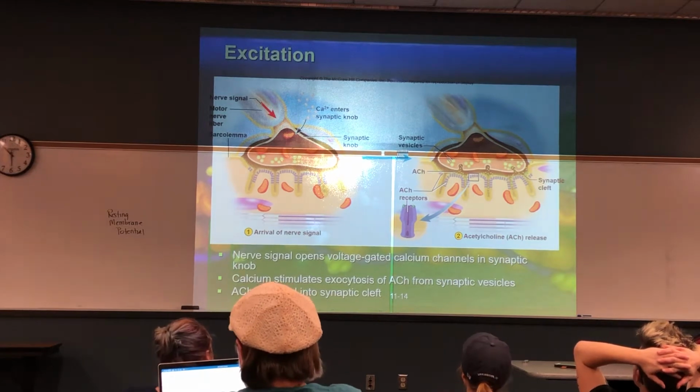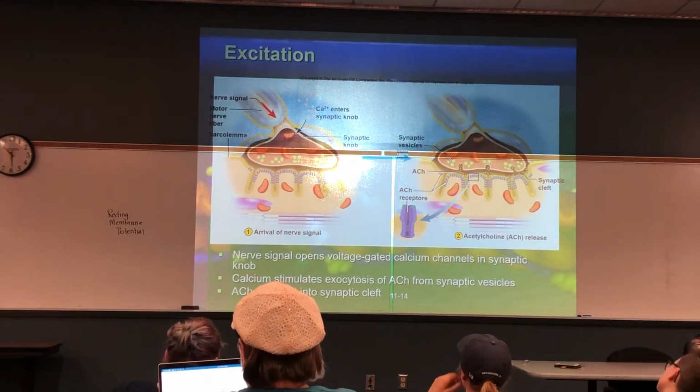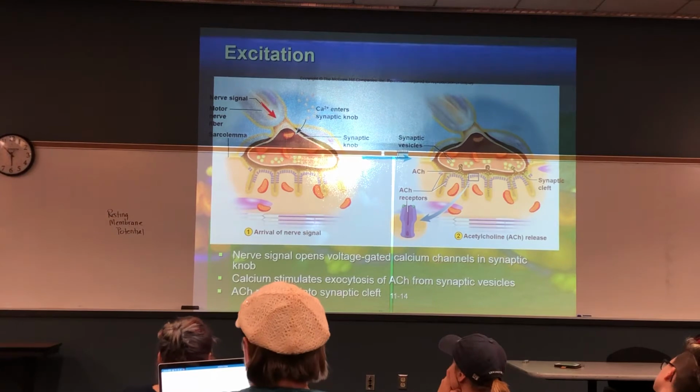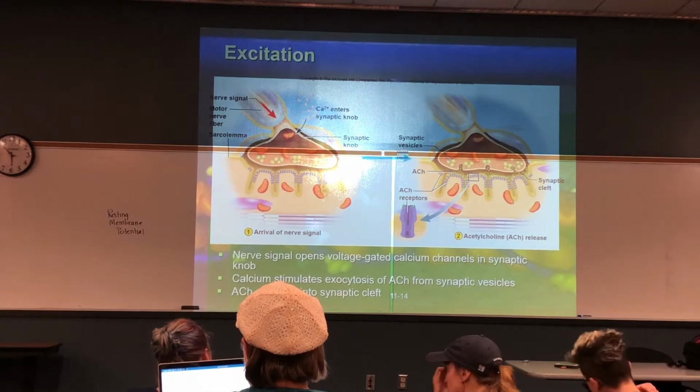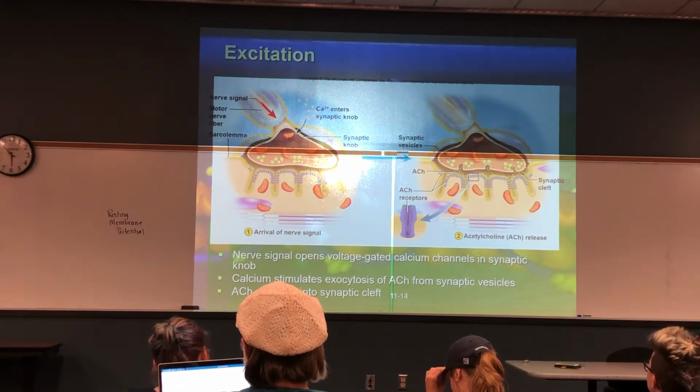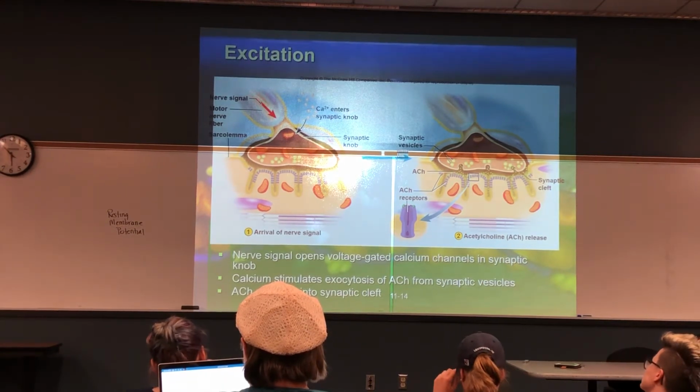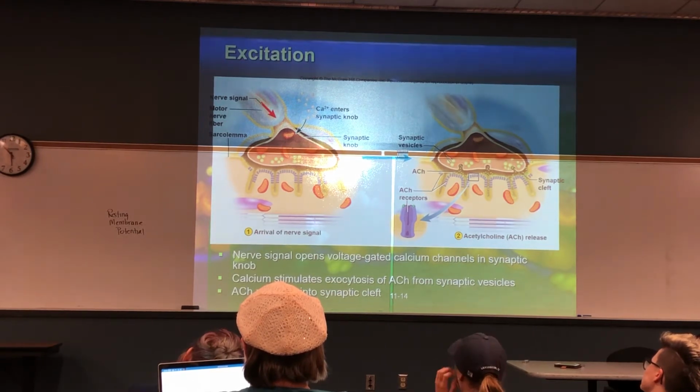So the story begins with the neuromuscular junction. This was exactly the model we saw in lab. And this arrow represents a nerve signal, or you could say an action potential, right? An electrical stimulus. So what happens here is that the electrical stimulus comes down, watch this, and it interrupts the membrane of the knob in that it opens up special gated channels.